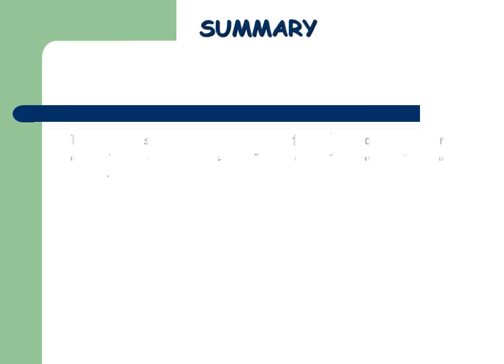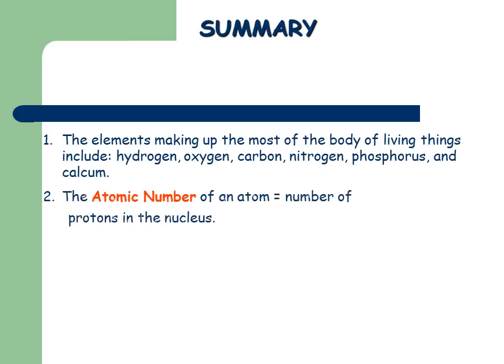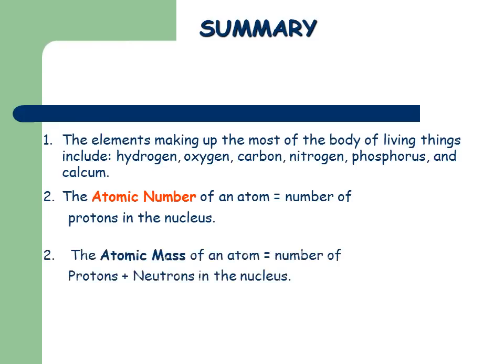So, in summary, the elements making up most of the body of living things include hydrogen, oxygen, carbon, nitrogen, phosphorus, and calcium. The atomic number of an atom equals the number of protons in the nucleus.